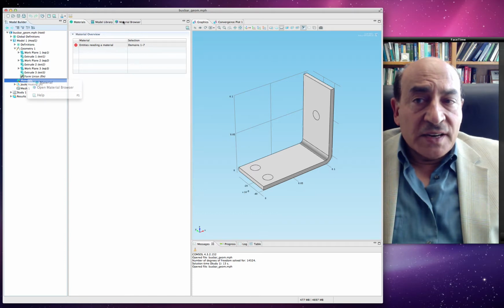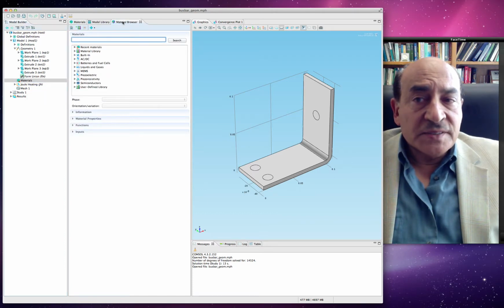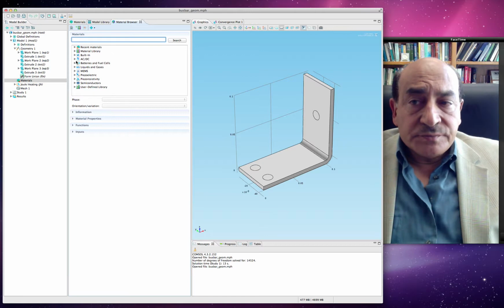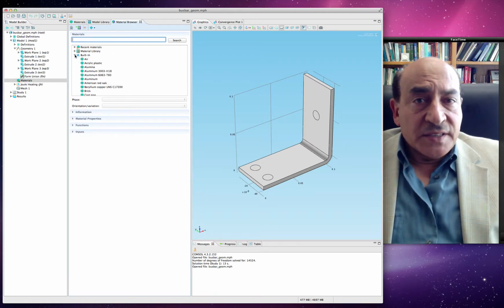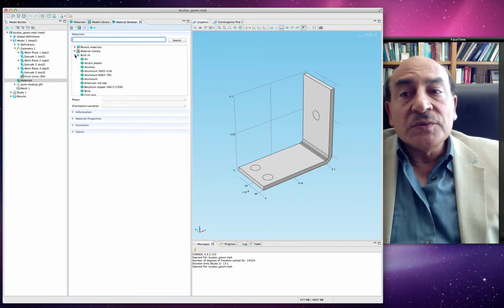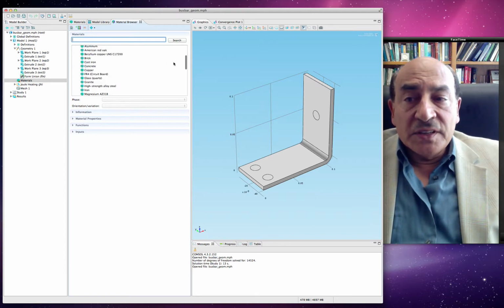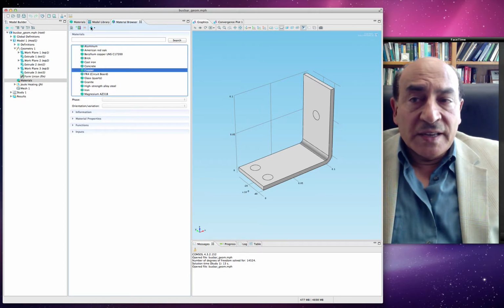Alternatively, I can go directly to the material browser, and I look for built-in materials, because copper and titanium are very common, so we will find them. So if we look here, we see copper is right there, and then we click add.